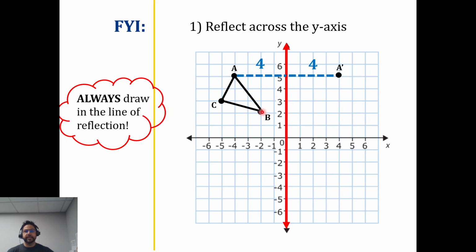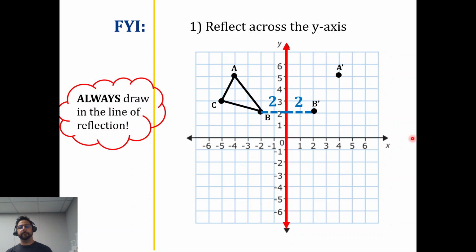So for B, counting to the highlighter, 1, 2. Reflect on the other side, 1, 2. So 2 spaces again, new point, B prime. So again, key thing is counting the same distance on each side.